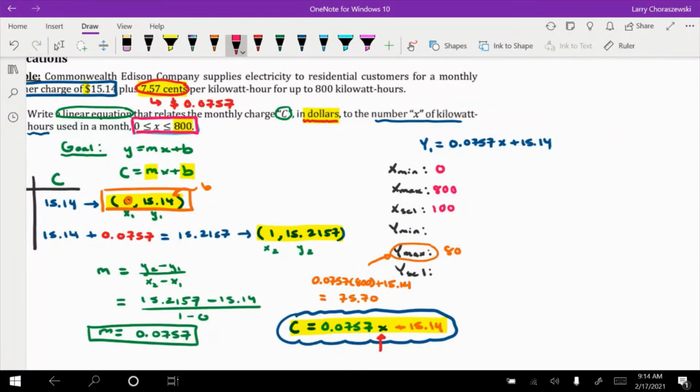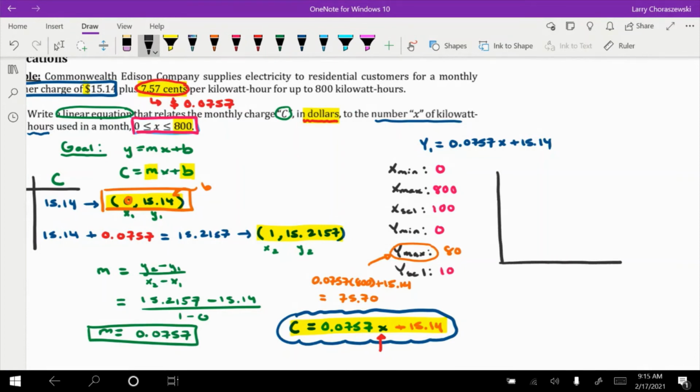We went by 100s, I should say, on the x-axis, just so that there aren't like 800 tick marks on it. And then y min was 0. That helped illustrate the y-intercept. And y max was 80. Okay, that's based on plugging in the x max value. And then we went by tens on the y-axis.